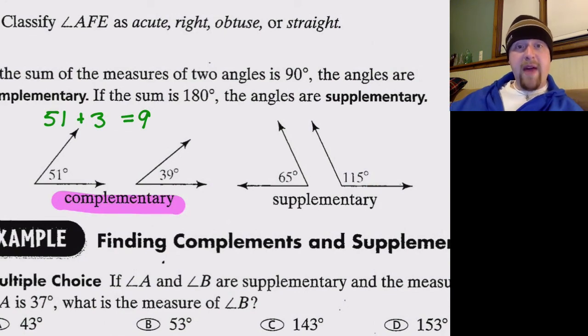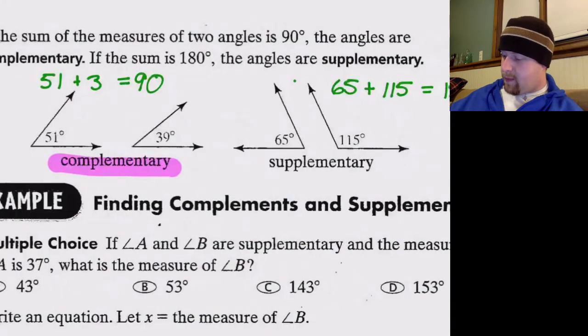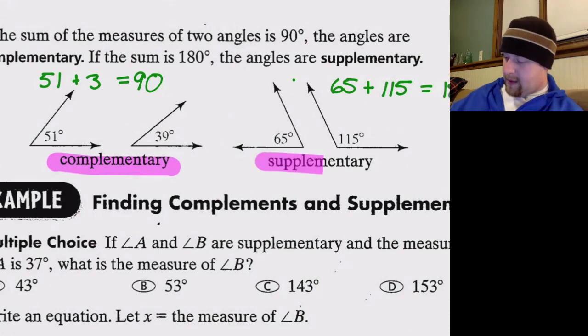Okay, and with the supplementary angles, you have 65 plus 115, and that equals 180 degrees. And so those are supplementary. So complementary angles add up to 90, and supplementary angles add up to 180.